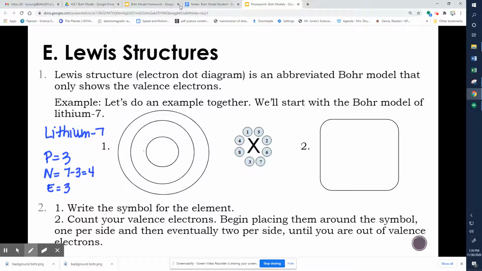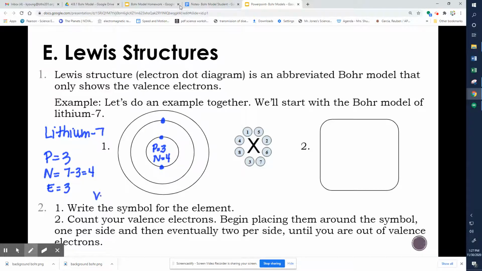In my center, I'm going to write P equals 3, N equals 4, and I'm going to begin to place my 3 electrons. On my first, I have 1, 2, and then 1 more to place. I have a total of 3 electrons.